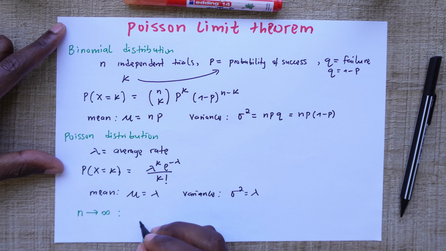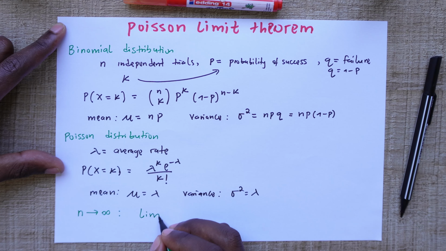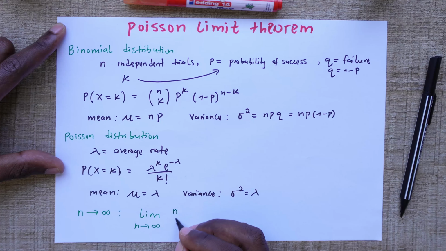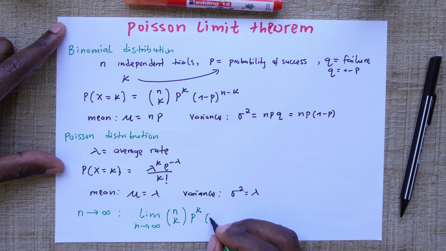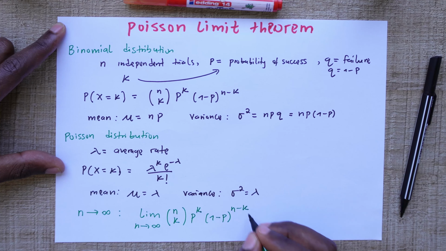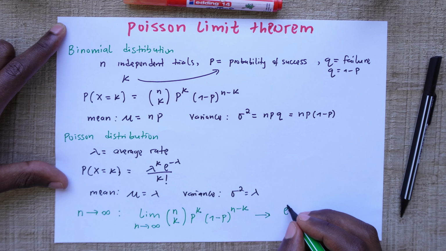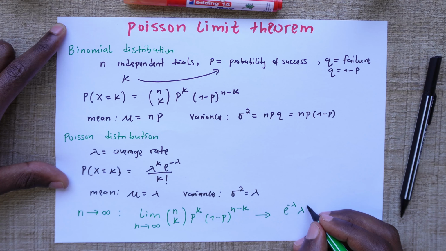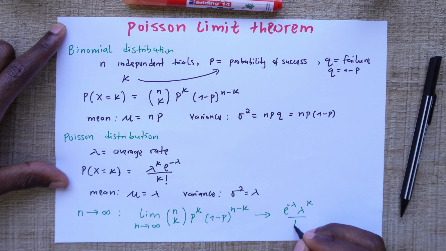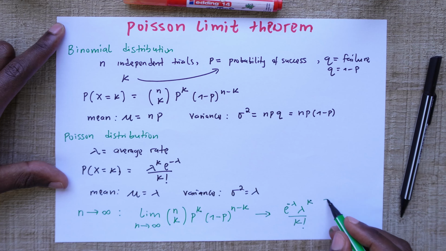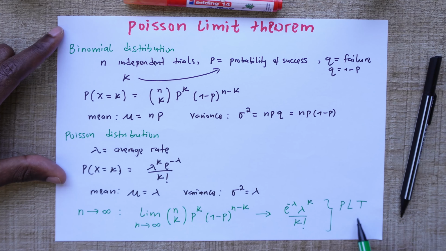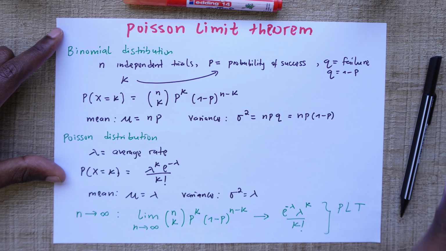Mathematically, that means that the limit as n tends to infinity of the binomial distribution, n combination k, p to the power k, and 1 minus p to the power n minus k, turns to e to the minus lambda, lambda to the power k over k factorial. So this is the statement of the Poisson limit theorem. And this is what we are going to prove in the next few minutes.